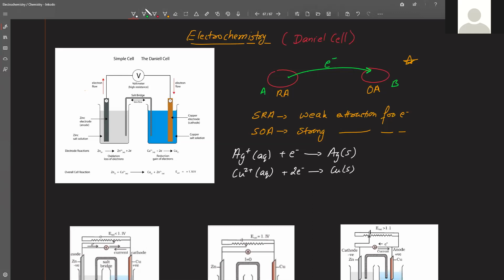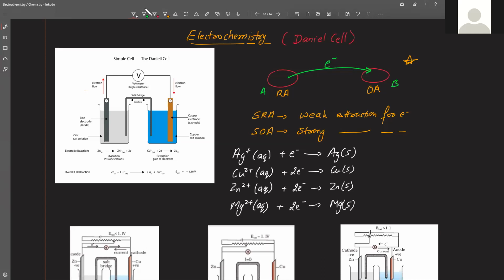Next, Zn2+, if you have the table in front of you in your textbook, you can see that. It will also take 2 electrons and become Zn solid. And Mg2+ will again take 2 electrons and become Mg solid.